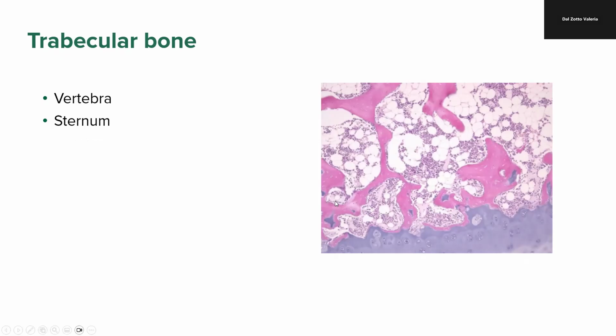The best example of trabecular bone is a vertebra, a piece of sternum, and also the bone marrow biopsies that we usually receive in heme. Although the bone marrow biopsies are going to have a double type of bone. It's going to be cortical bone in one portion, and then cancellous bone in another portion.